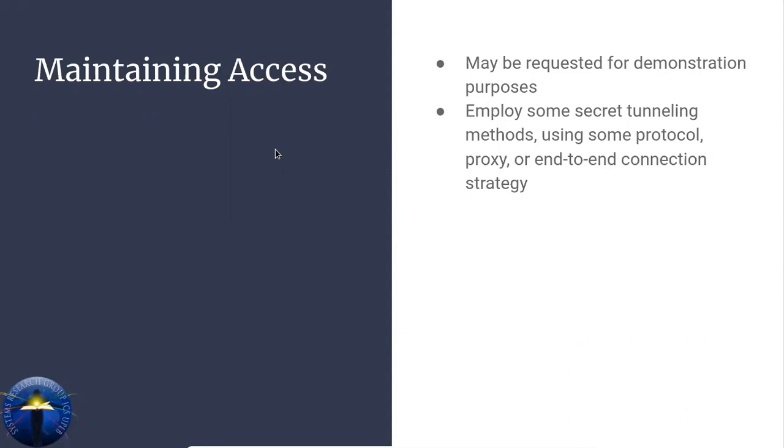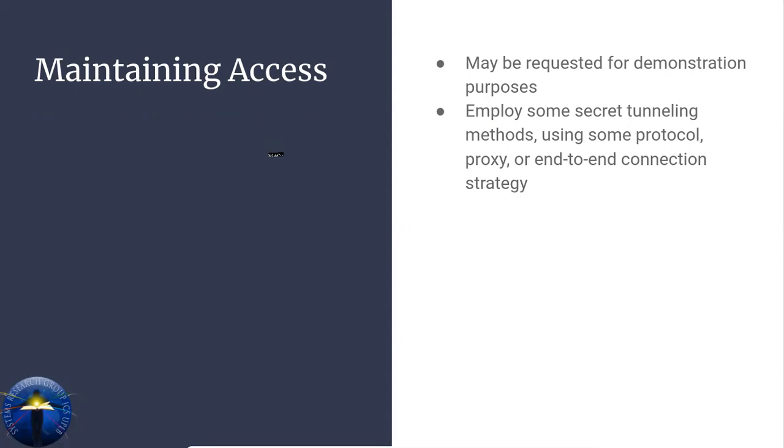So you have to perform some maintaining access, or actually it's called a persistence method, so that later on, as a pen tester, you can still go back to the target system. However, this should be within the scope that you agreed upon with your client, because it may be the case that the organization or your client does not want this maintaining access. The client would just like you to show that you can gain root access to the system, period.